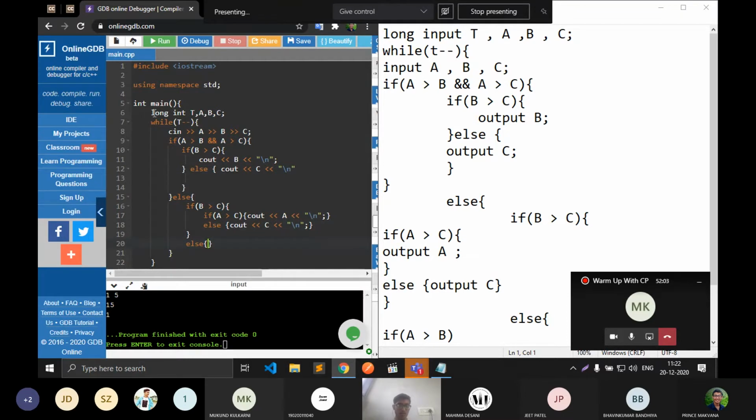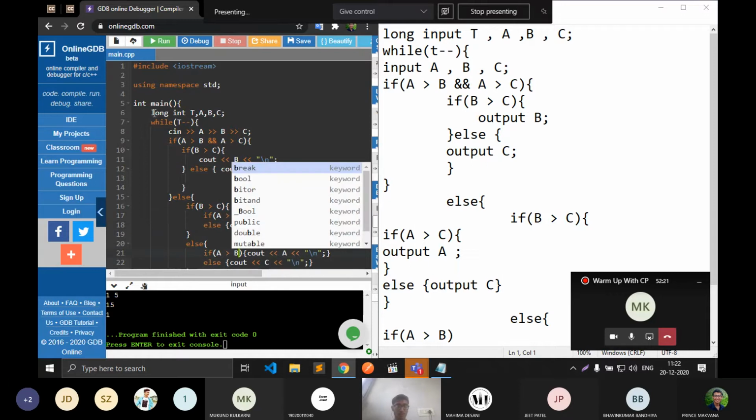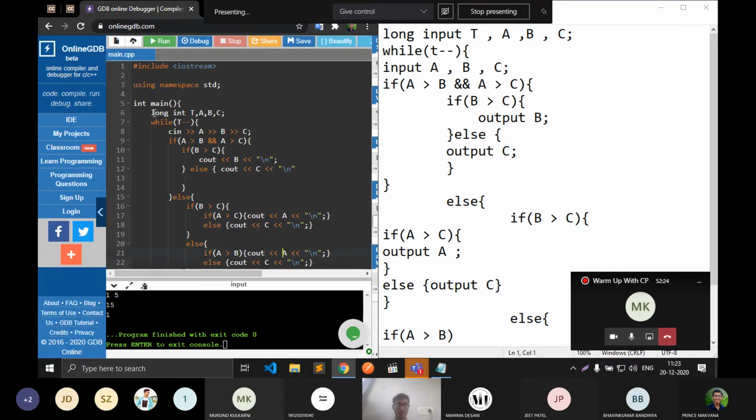Then here, if c is big, I have to write this condition. Copy the statement. If c is big, it is for a is more than b, so a is second, otherwise b is second. Okay, done. It is ready to run.